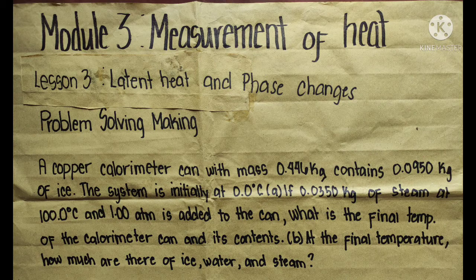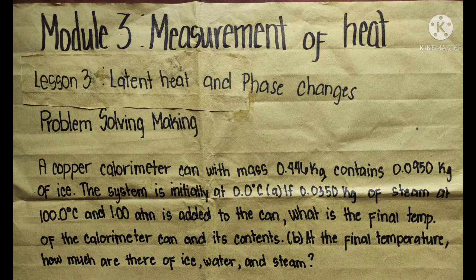So here it goes. We are now in lesson 3, latent heat and phase changes. Let us do a numerical problem that involves all 3 states of water. The problem is: a copper calorimeter can with mass 0.466 kilograms contains 0.0950 kilogram of ice. The system is initially at 0.0 degrees Celsius.